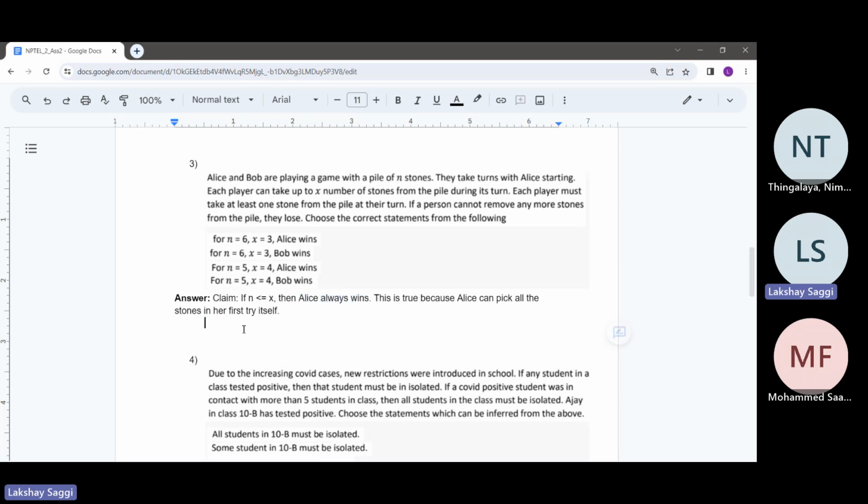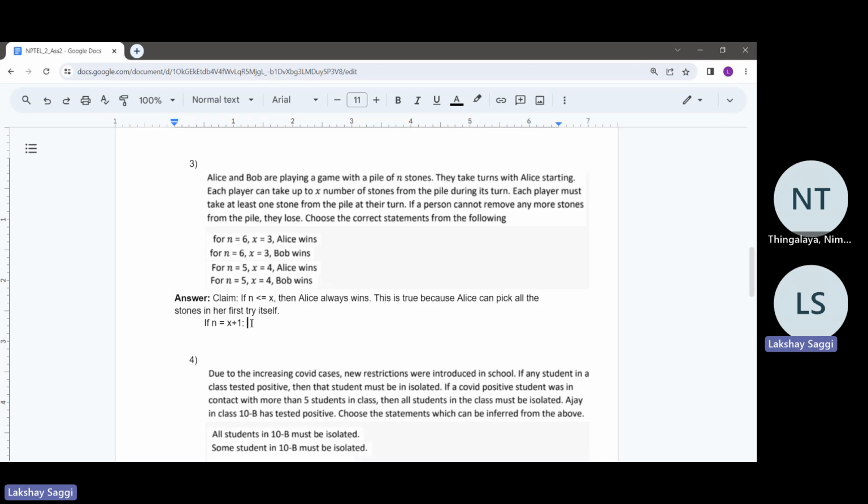Now we want to see what happens when n is greater than x. Let's just say n was x plus 1, what will happen? Then we know that Alice can't pick all the stones, right? Because Alice can pick only x stones maximum. And Alice also has to pick at least one stone. So do you see where this problem is going?